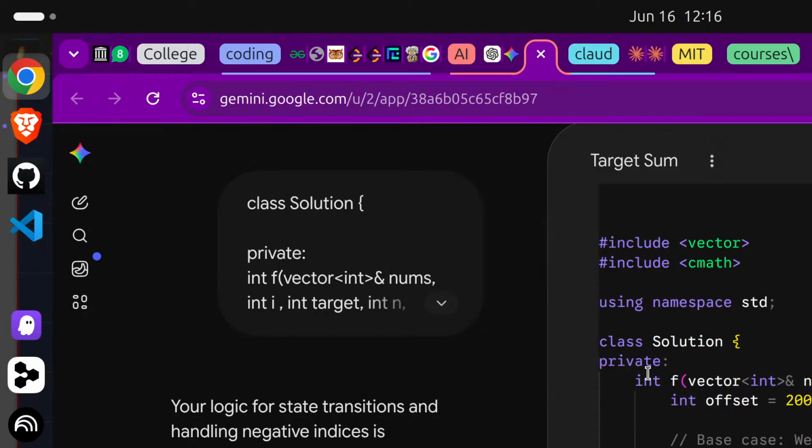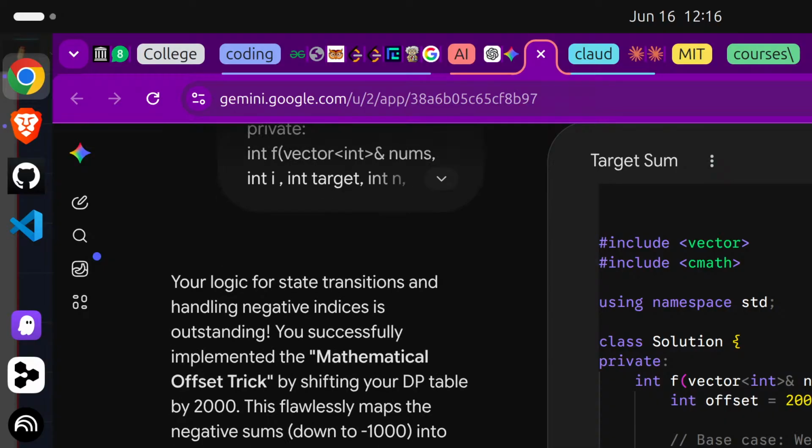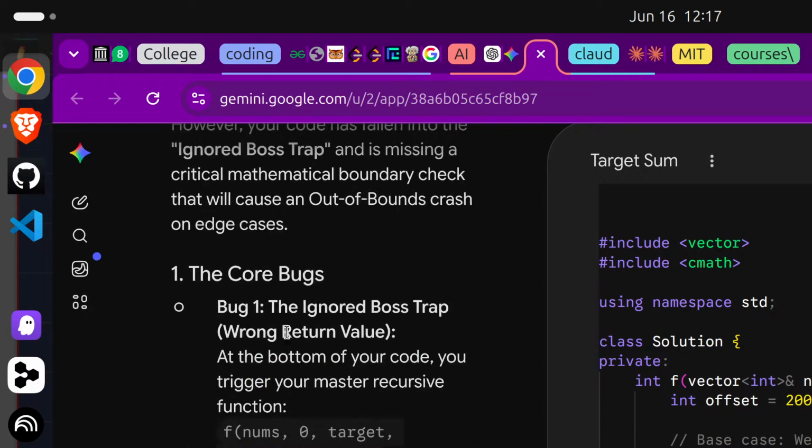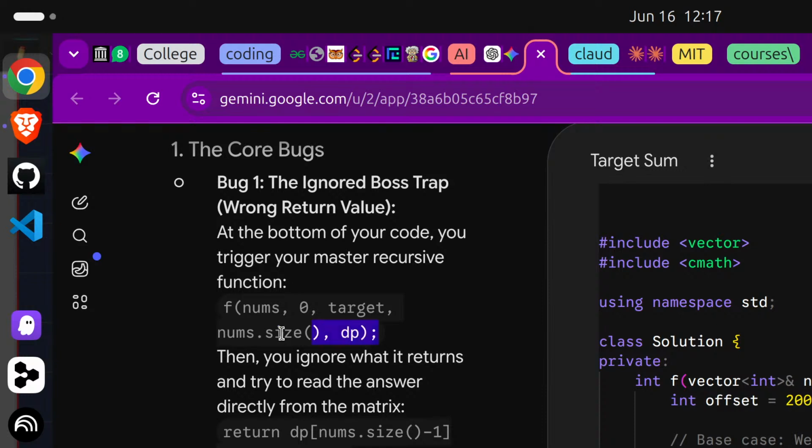Okay. However, the code has fallen into a trap when missing a critical condition. So the trap in your code is at the bottom: you triggered the master recursive function, dp 0, then you ignore what it returns. Try to return directly from the matrix. Return dp.